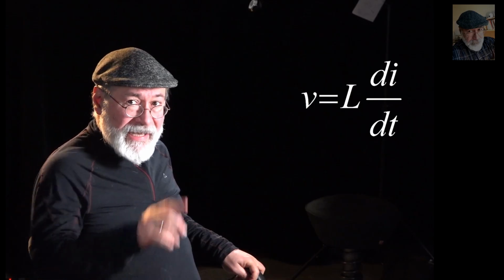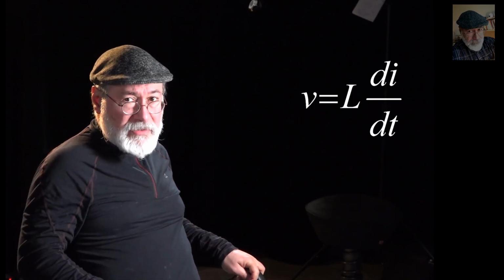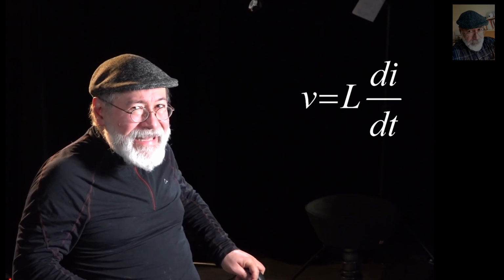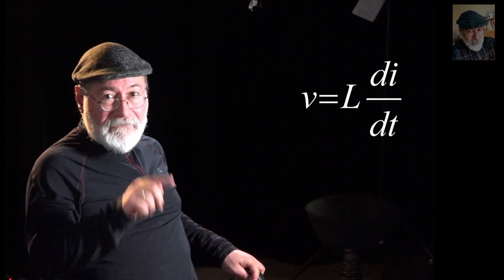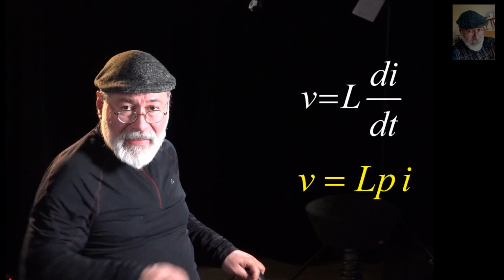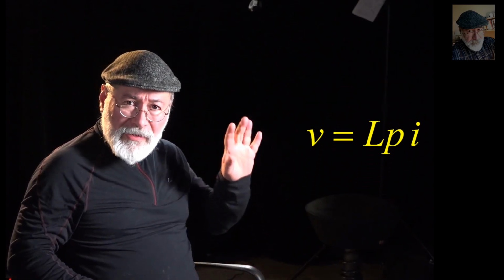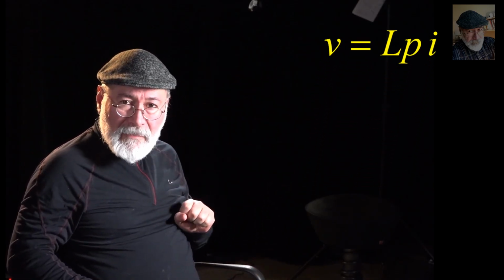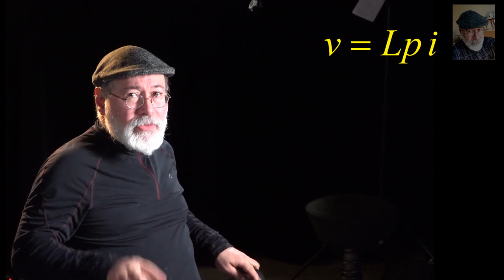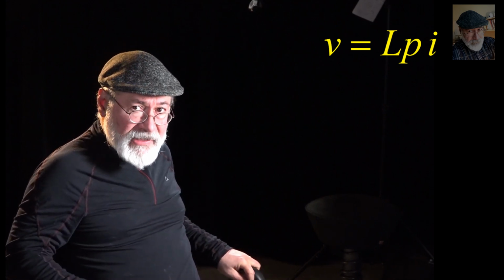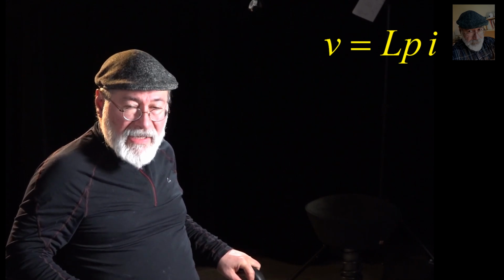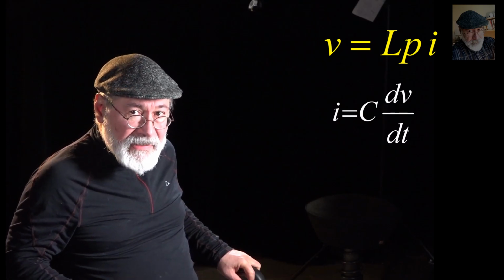The behavior of an inductor, V is L di/dt. Let's apply the P operator to that. What does it look like now? Oh, it looks like V is LPI. Okay, put that in memory up there. Let's apply the P operator to another differential equation you and I have seen. The behavior of a capacitor, I is C dV/dt.